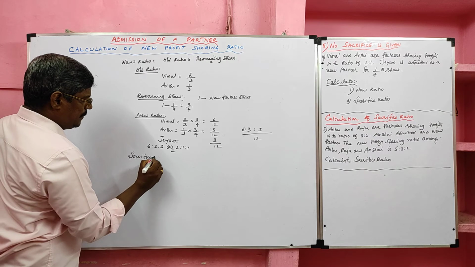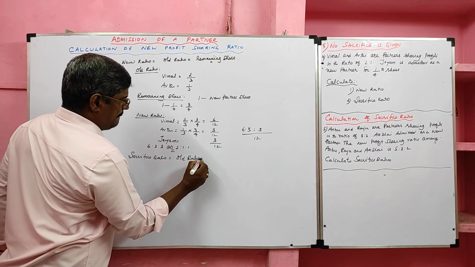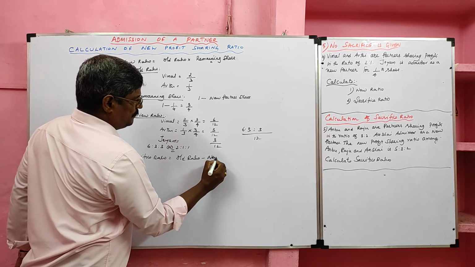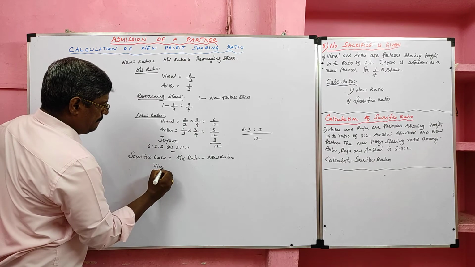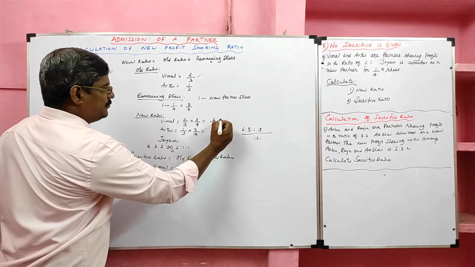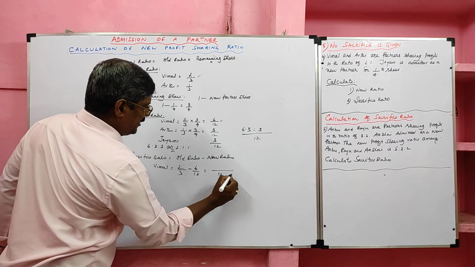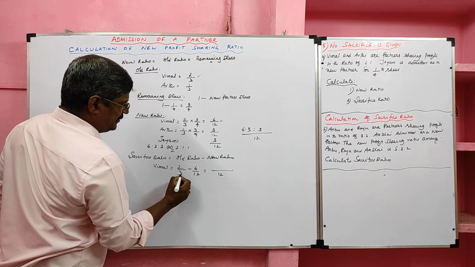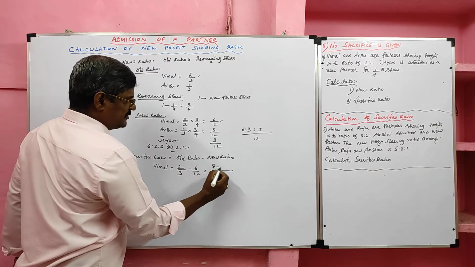Then we have to calculate the sacrifice also. Sacrifice ratio, what is the formula? Old ratio minus new ratio. Vimal's old ratio is 2/3 and new ratio is 6/12. Common denominator we can take 12. 12 divided by 3 is 4, 4 2s are 8, minus 12 divided by 12, 1 into 6 is 6.